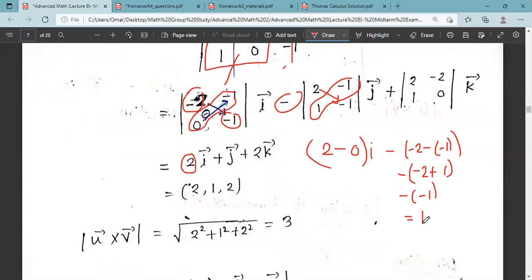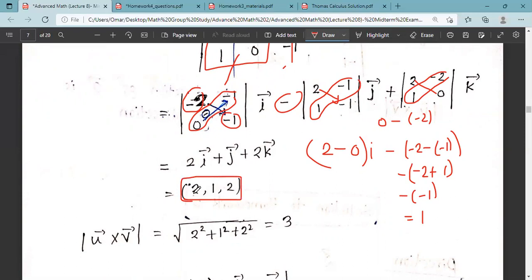That's why I have written here plus j. You can calculate it in your brain, or in a rough paper. This way we do the k part. 2 multiply 0 is 0, and then minus 2 multiply 1 is minus 2, so ultimately it is plus 2, so 2k. Now we take the coefficients, and here is the answer: 2, 1, and 2.